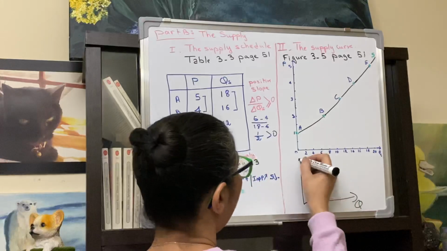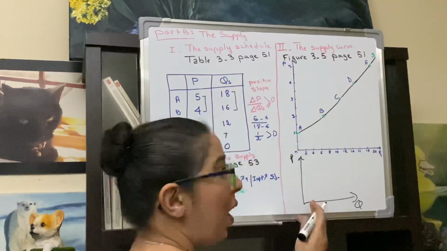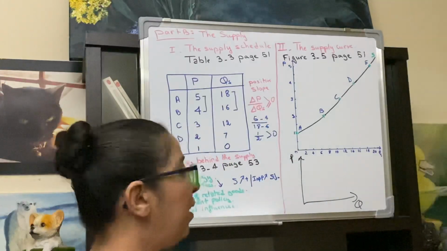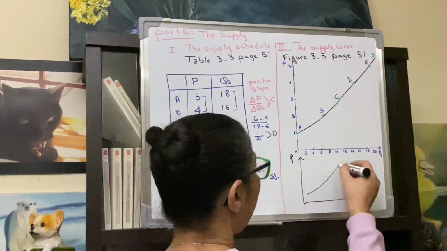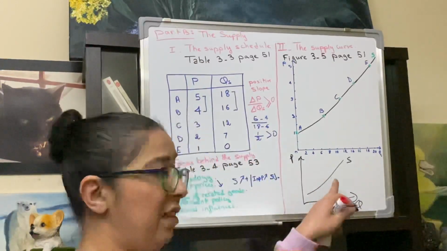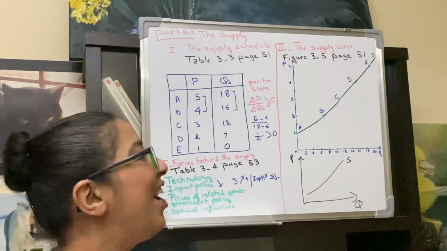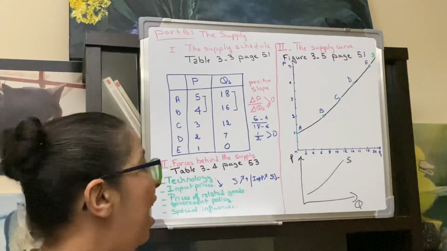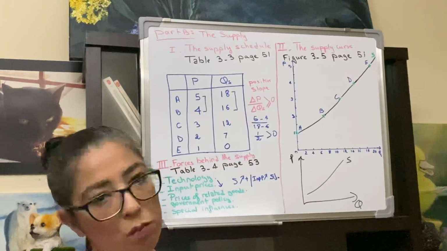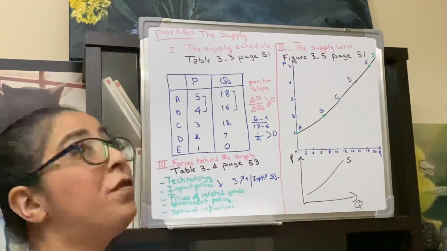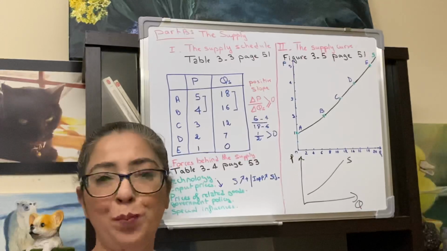Okay, QP, always P in the y-axis, and Q in the x-axis. So let's imagine this is my supply for cigarettes. In reality, it doesn't look that way because we're going to study this later. Anyway, now the government doesn't want us to buy cigarettes, which is cool because it's bad for health, especially now with Corona. So what is the government going to do?